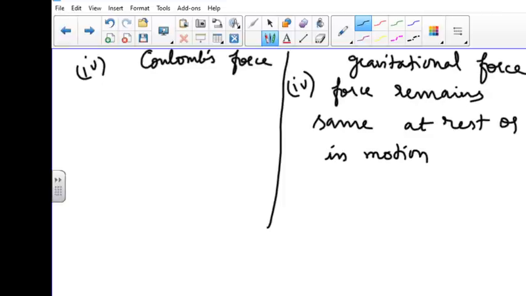Whereas for the Coulombic force, if the charges are in motion, another force comes into play which is called the magnetic Lorentz force.